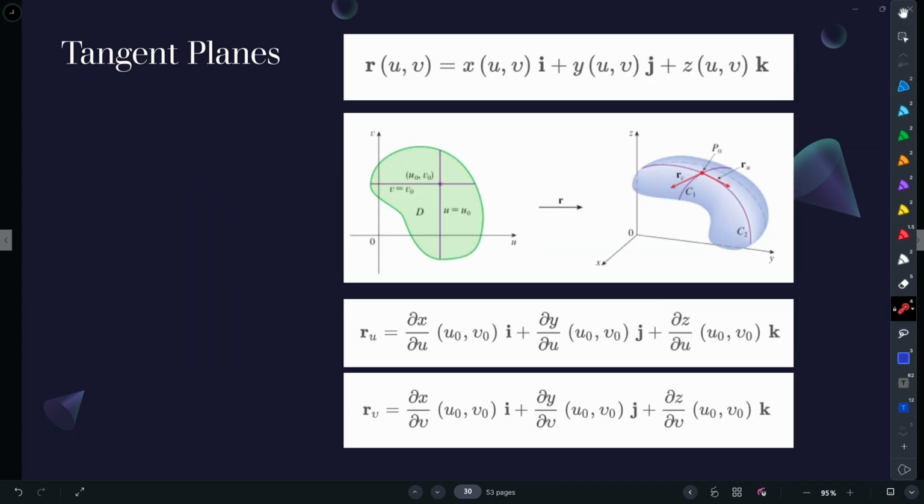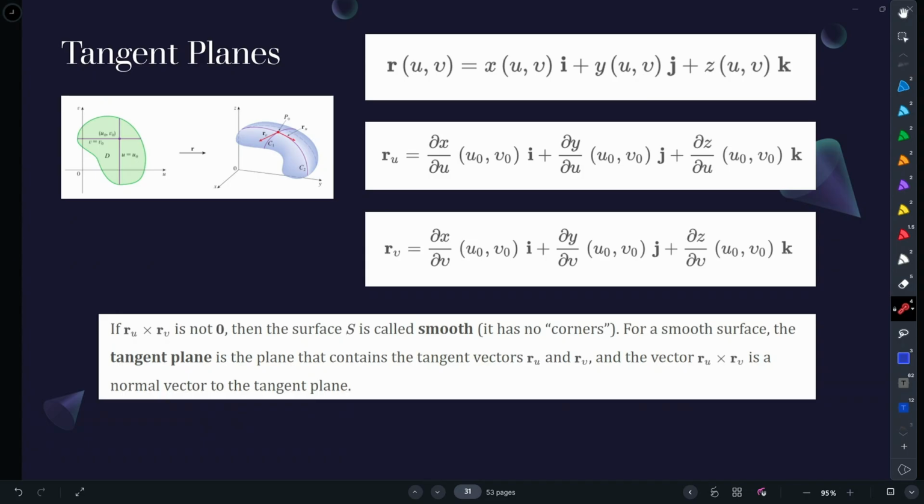The direction R_u is the derivative given by a shape like this. So you take x partial with respect to u and then evaluate at the point. And the direction in v is given by this set of partial derivatives. Those are the derivatives of the grid curve in the direction of u, the grid curve in the direction of v, and then taking tangent lines.